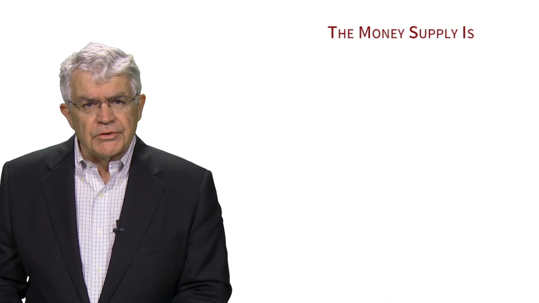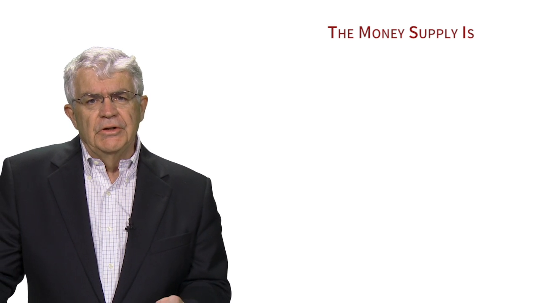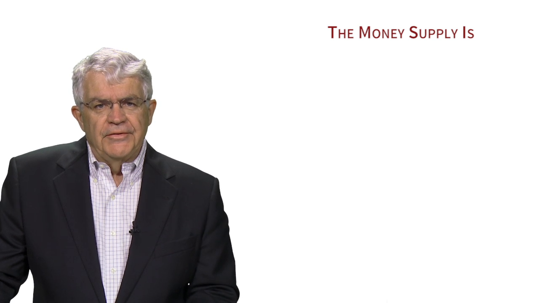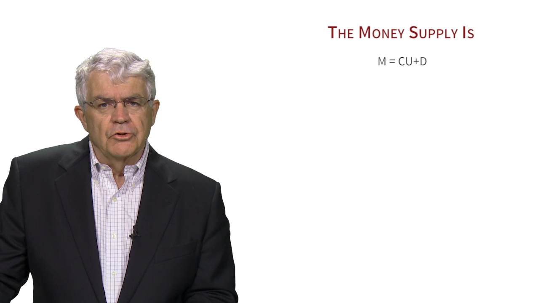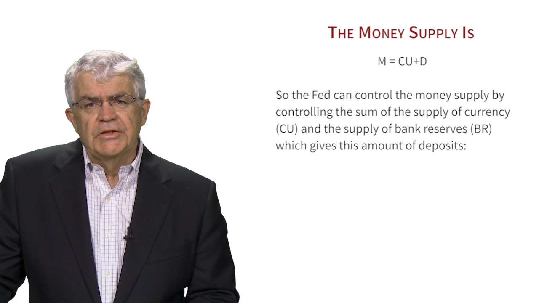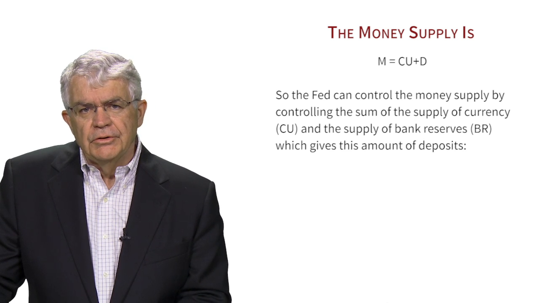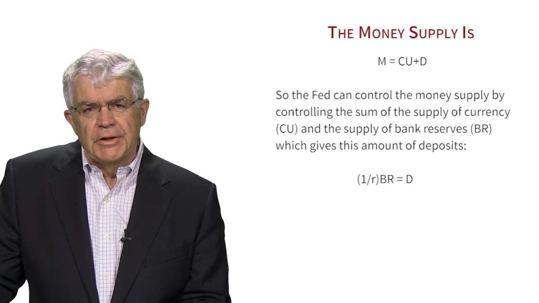So let's summarize what we've got here. With the money supply, we've defined it as currency plus deposits. And the Fed, therefore, can control the amount of the money supply in the economy by controlling the sum of the supply of currency, CU, and the supply of bank reserves, BR, because the bank reserves give a certain amount of deposits. 1 over R times BR equals demand deposits.